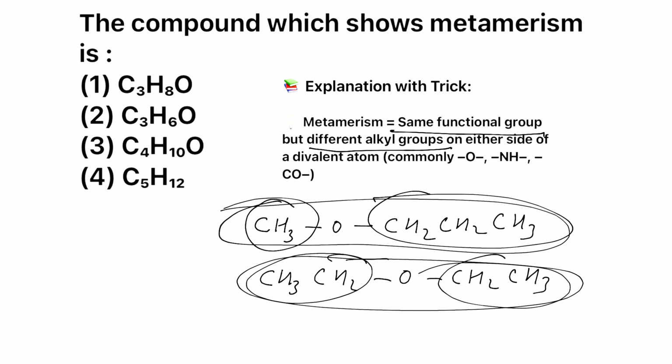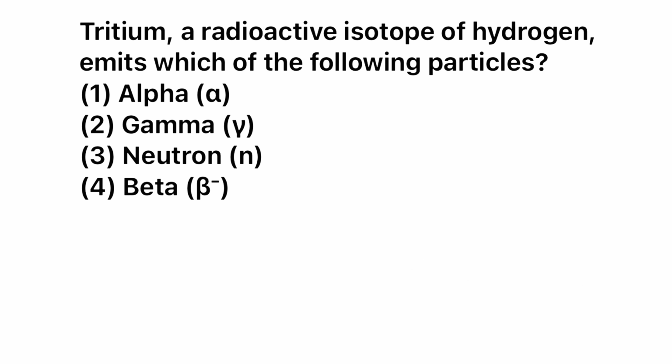Is it clear? The second question is from the 2022 NEET paper. Tritium, a radioactive isotope of hydrogen, emits which of the following particles? It is a straight question, okay? You must know the beta decay of tritium. I will write the beta decay of tritium.